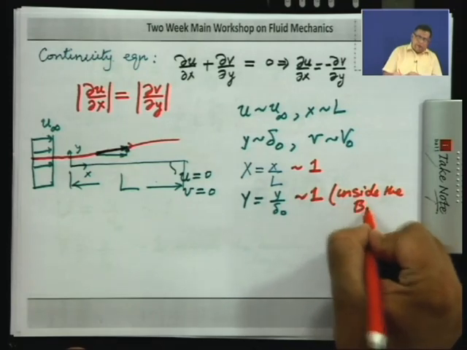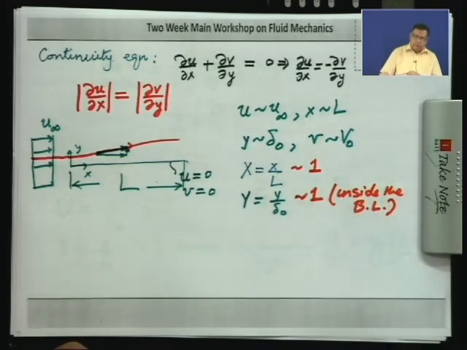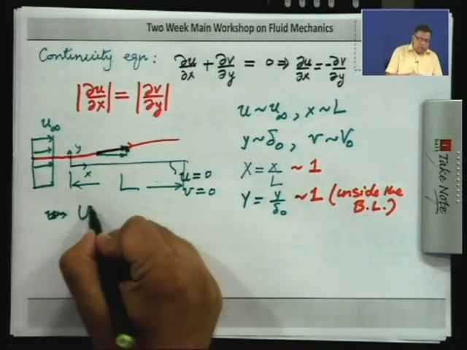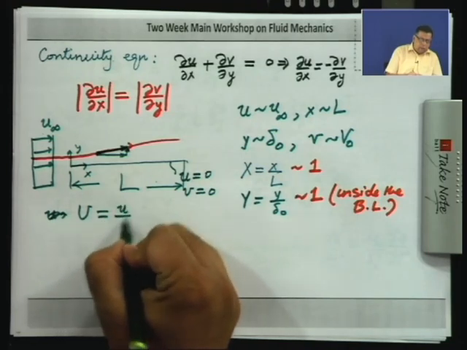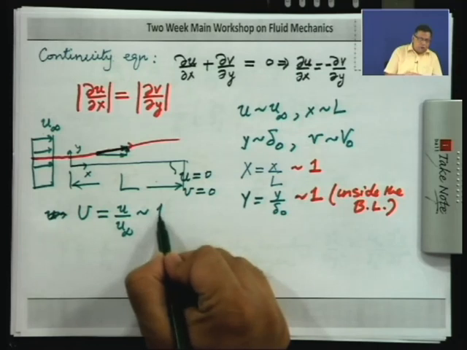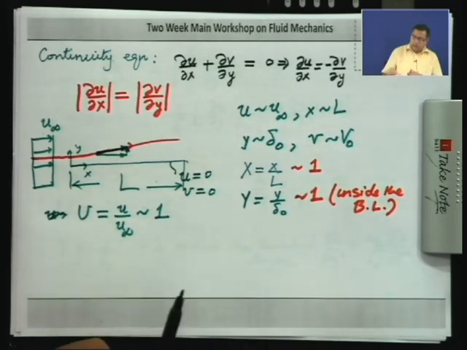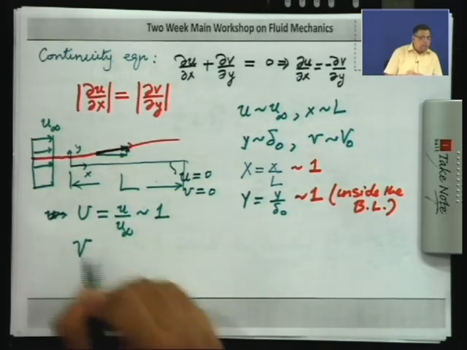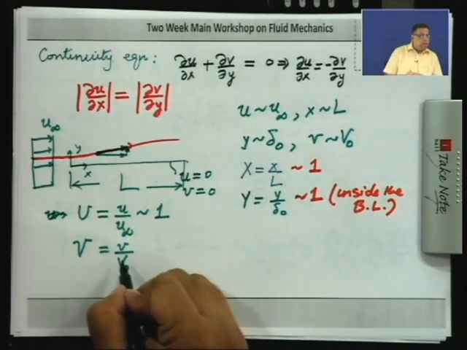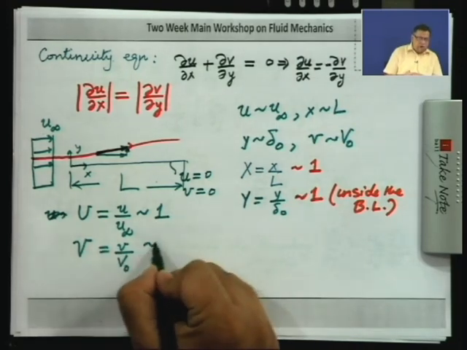So, the boundary layer I will abbreviate as BL. Now, we will define capital U, the non-dimensional velocity, as u by u infinity. So, this is also going to be order 1, and now we will define a capital V, non-dimensional V, which is v by this v naught. So, we will choose a v naught which makes this order 1.